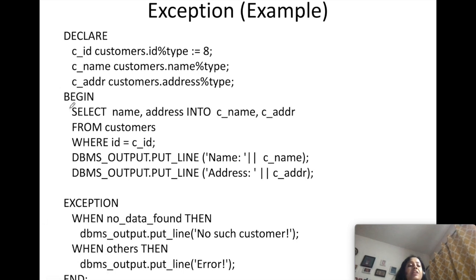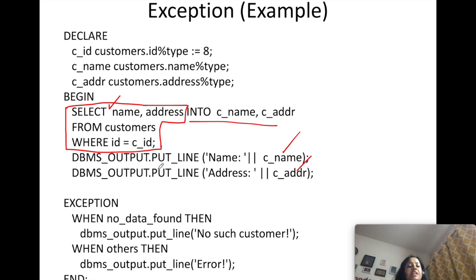If you notice carefully, students, this statement, select name, address from customers where id equals cid, this portion which I have marked in red, you have studied in SQL also. What is new here? We are just storing this name and address into two new variables, c_name and c_address, so that we can print them accordingly.